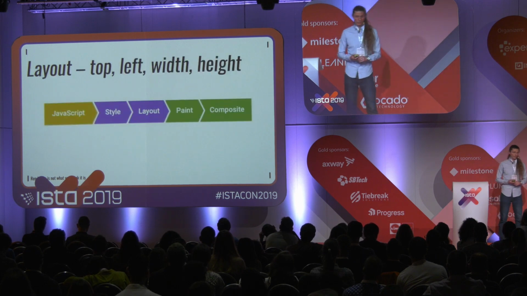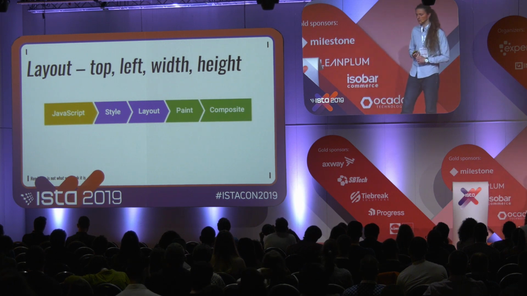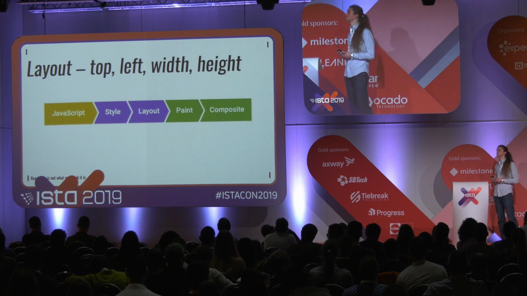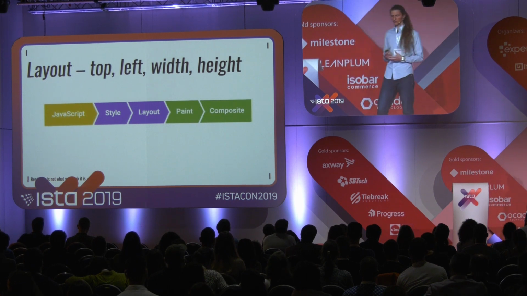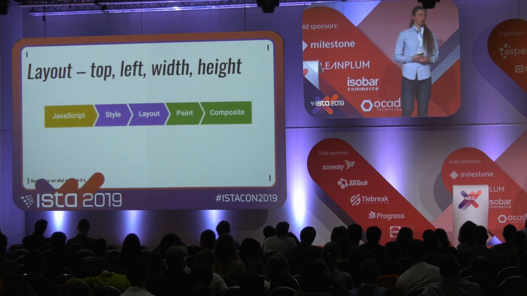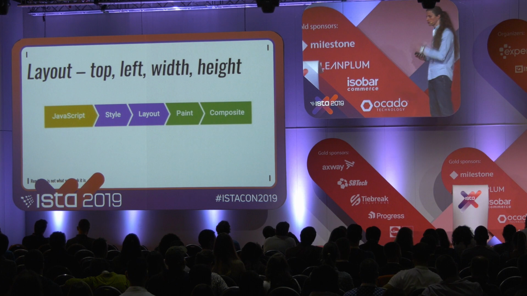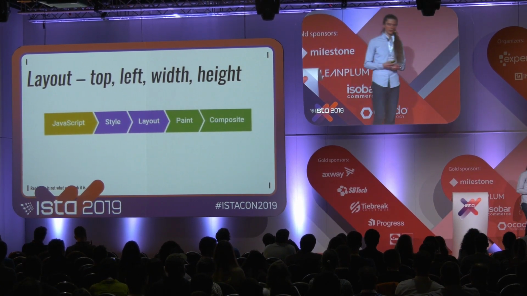So another thing that's kind of a problem is layout by itself. As we said earlier in the talk, not all UI systems have it, and it's quite an expensive operation. Because with layout, you can basically have the whole page messed up by the styles of a single element.